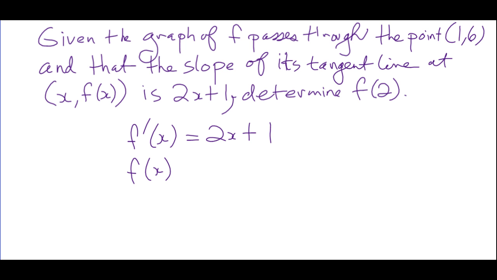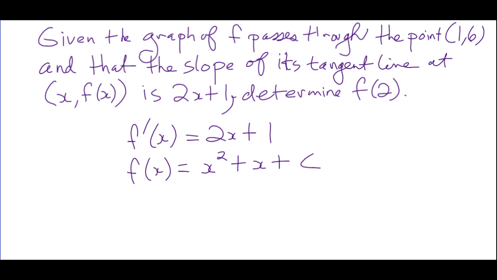So what's f of x? That's going to be x squared plus x plus c, right? And you should check that. Derivative of x squared is 2x, and derivative of x is 1, and derivative of c is 0. Okay, it's good, so we found that. Now what do we know?